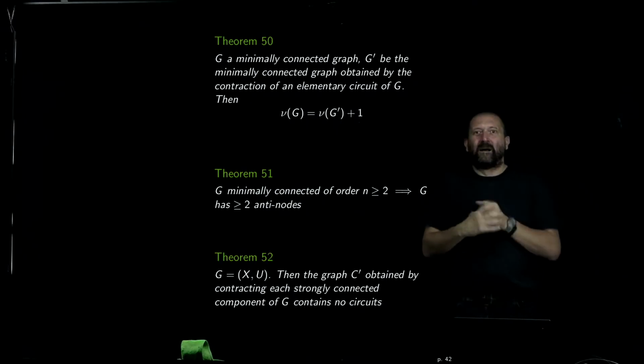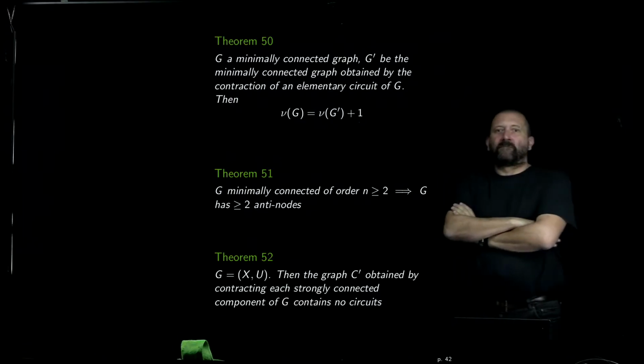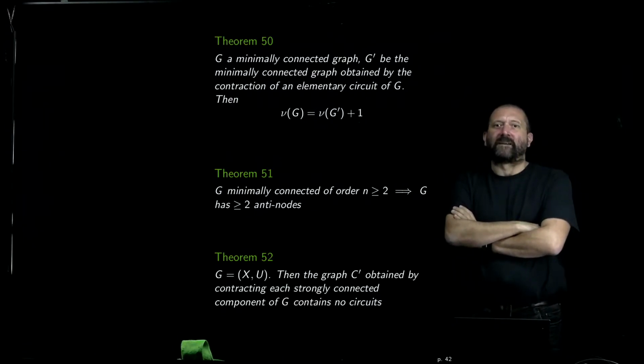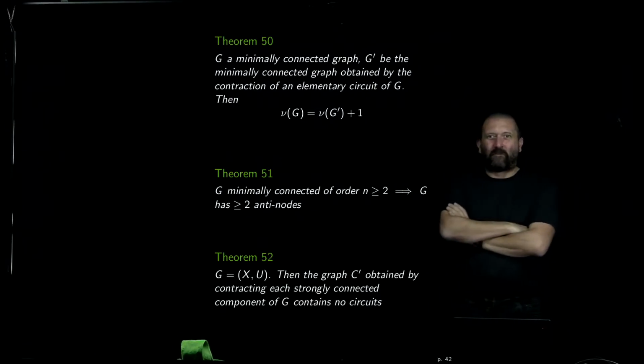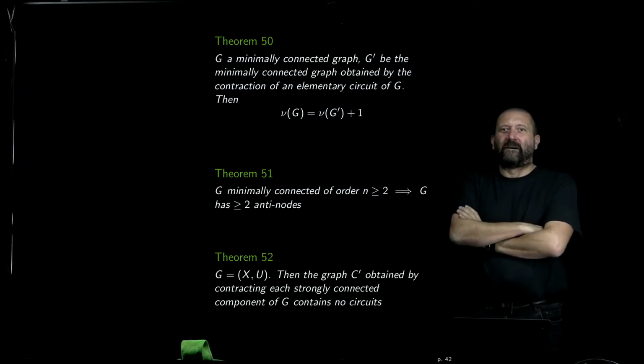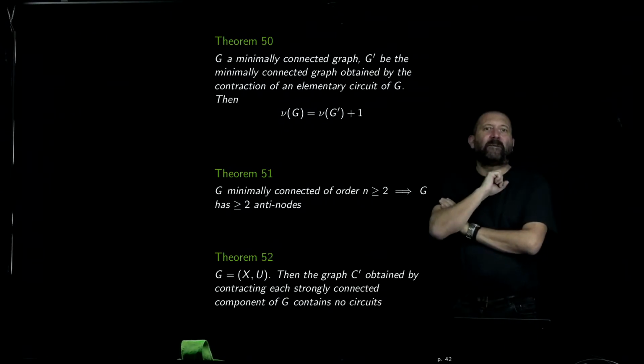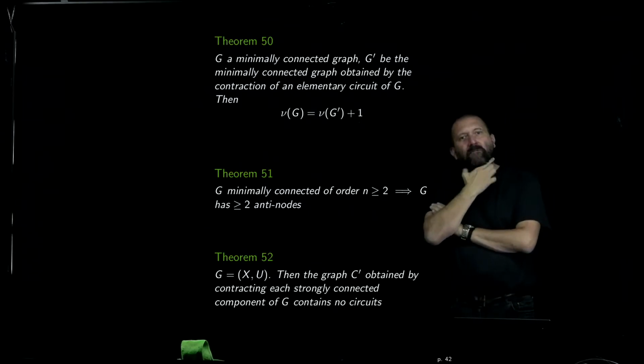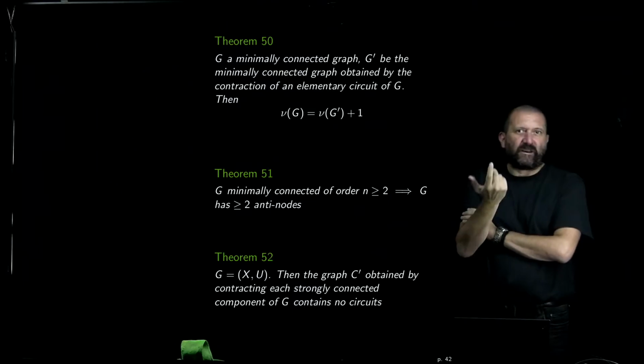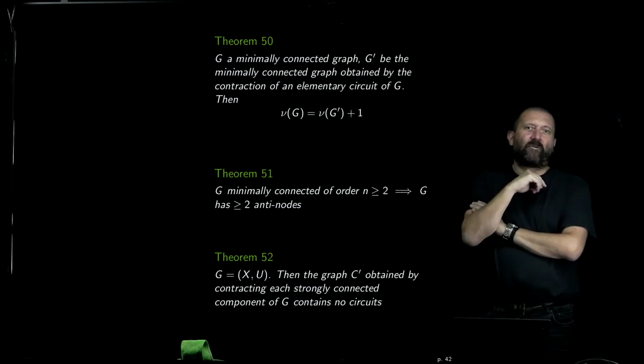Now, suppose we have a minimally connected graph G, and G prime is a minimally connected graph that you obtain by contracting an elementary circuit in G. Then the cyclomatic number of G is equal to the cyclomatic number of G prime plus 1.